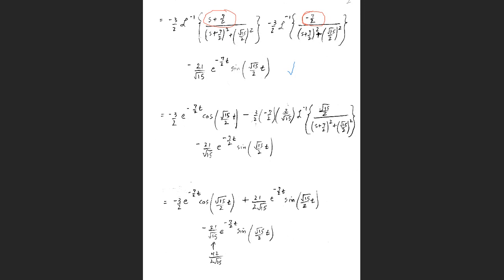Okay, and now at this stage, the first inverse Laplace transform is in the right condition so that we can get its inverse Laplace transform using the first translation theorem.